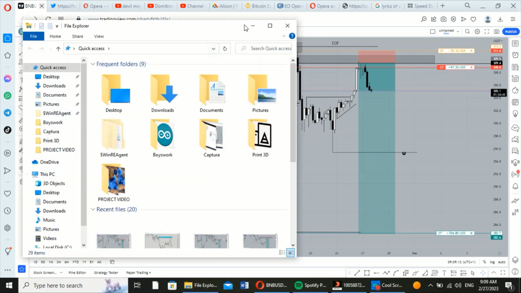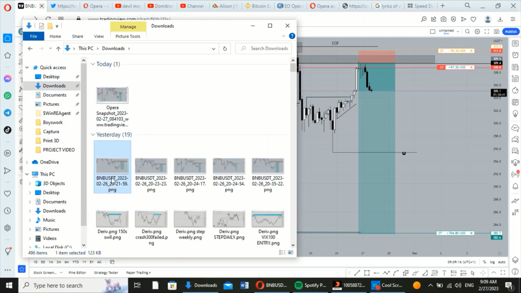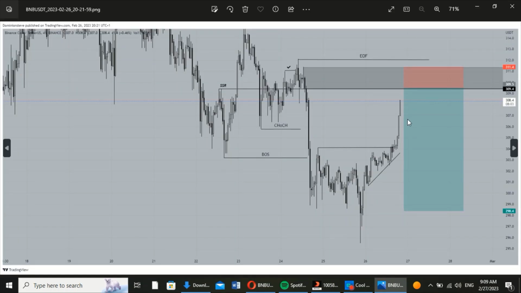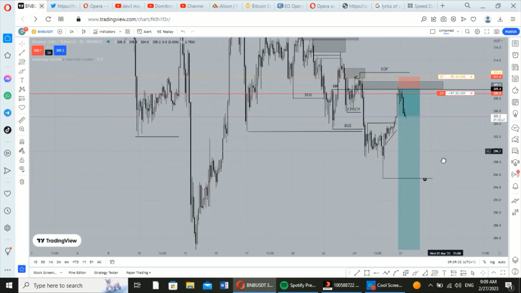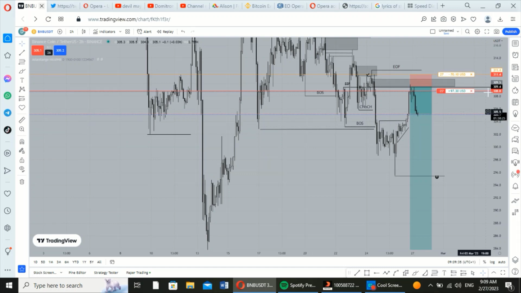And without further ado, I would like to show you the before charts. So right here, this was it. Before it tapped in, I already screenshotted this and sent it to the group right there. You can see the time. And yeah, so this is how far we've gone with it, and it's actually clean.